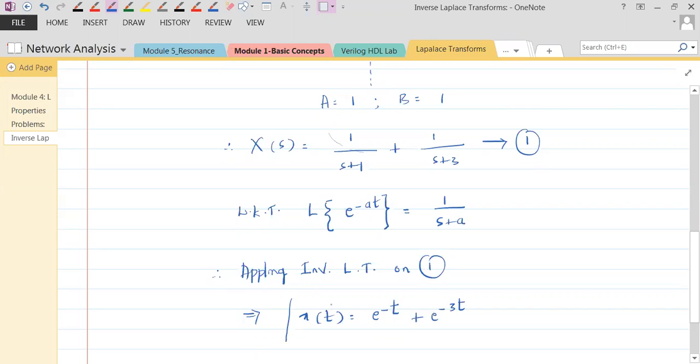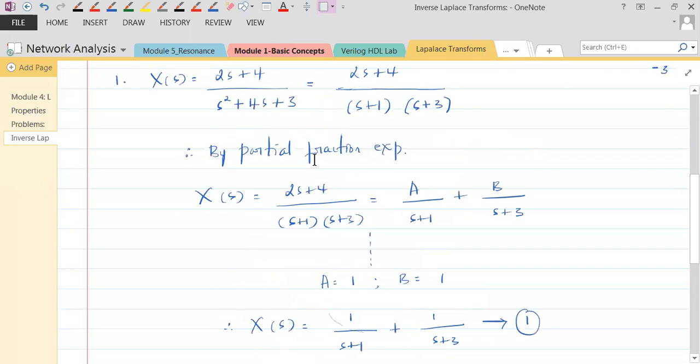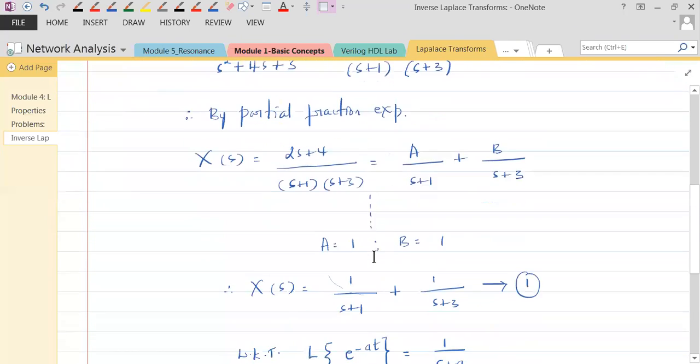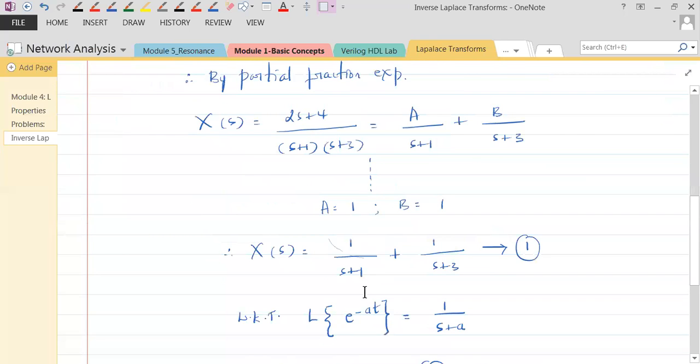Everybody understand this point? This is how we apply the inverse Laplace transform. But before applying it, our s domain signal should be brought to the proper form using the partial fraction expansion. So you should not have any problems doing this.